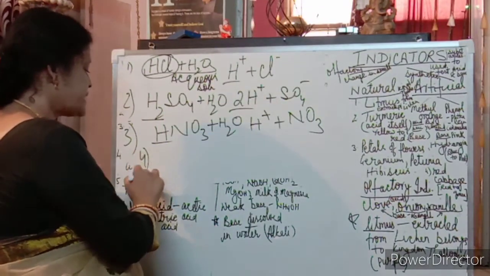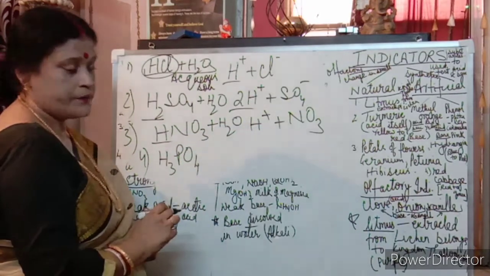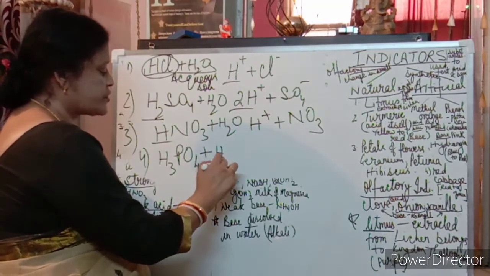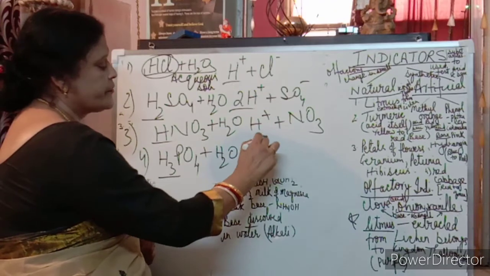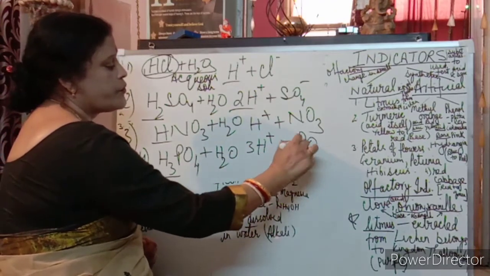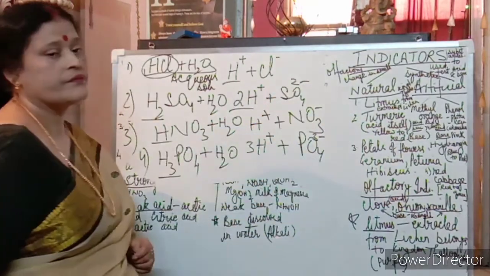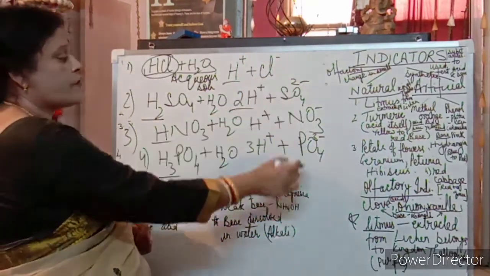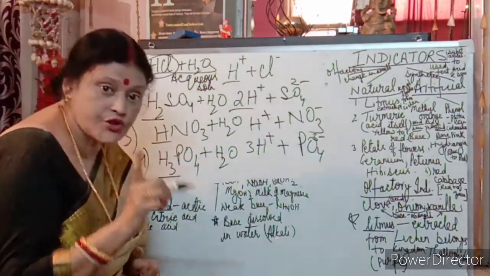Fourth, H3PO4, this is phosphoric acid. Plus water, aqueous solution, it releases how many hydrogen? 3 hydrogen plus PO4, 3 negative. NO3 negative, 2 negative. These are all ions which form positive and negative, and whenever positive, that means hydrogen should be there.